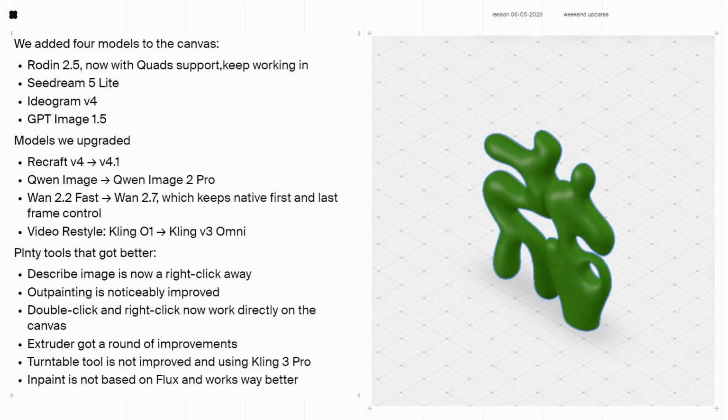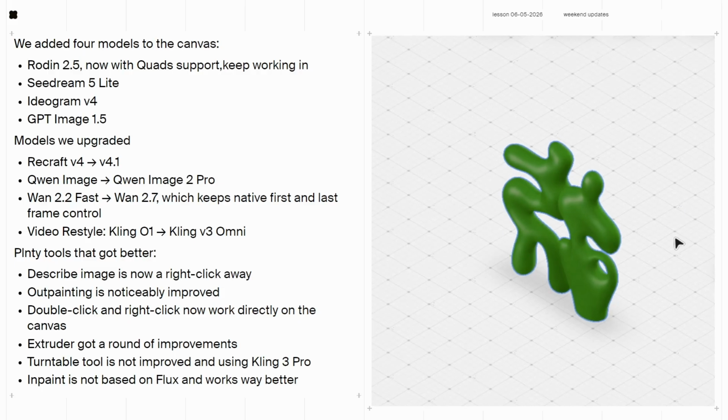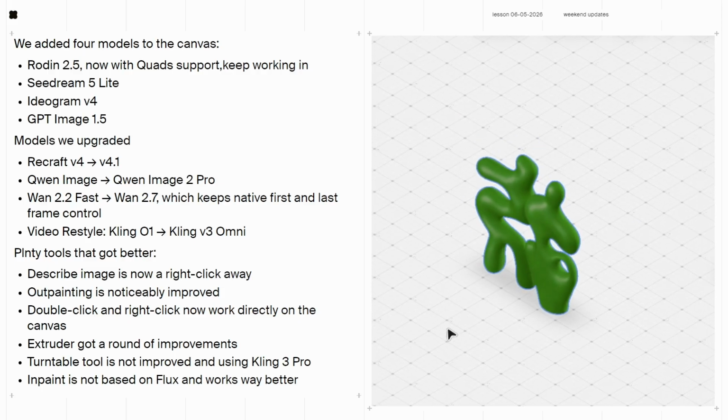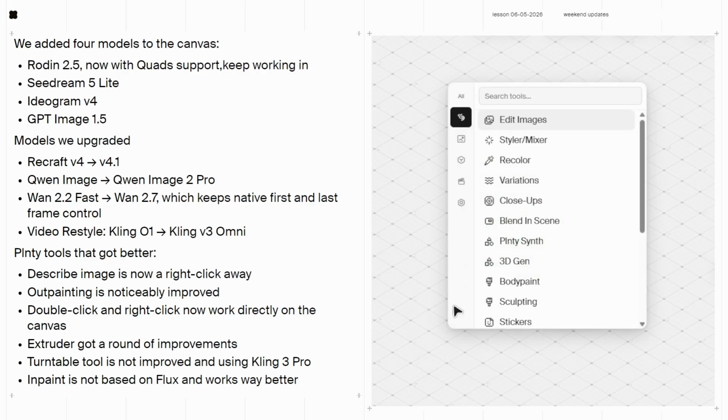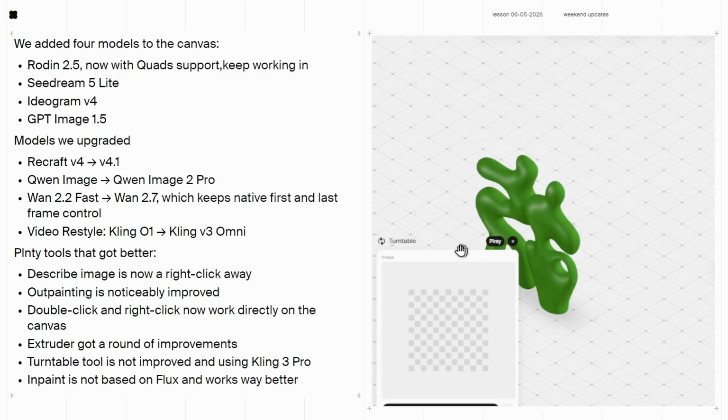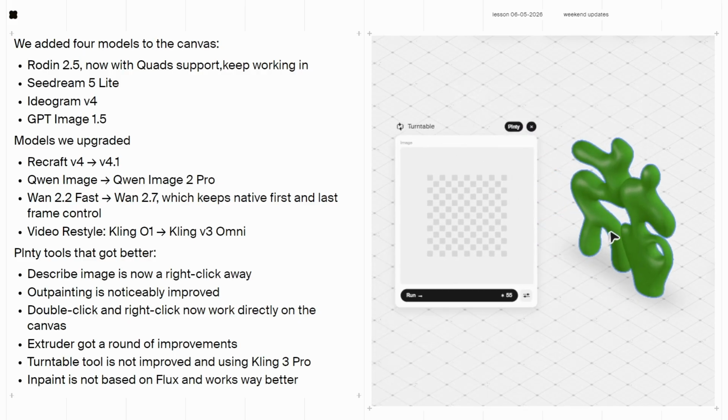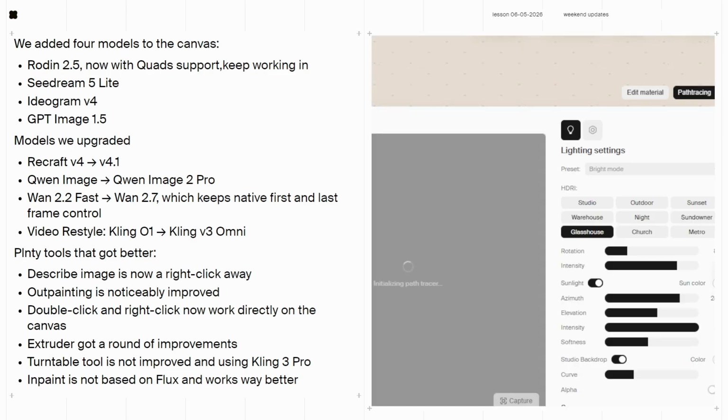And the video restyle is actually also implemented in the turntable tool. So if I load the turntable tool and try to generate something with it, I can, for example, just grab an image from the pest tracer. So let me quickly open the pest tracer over here.